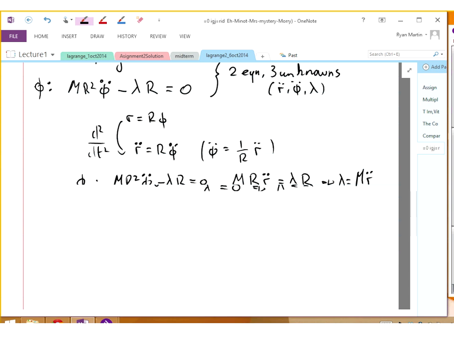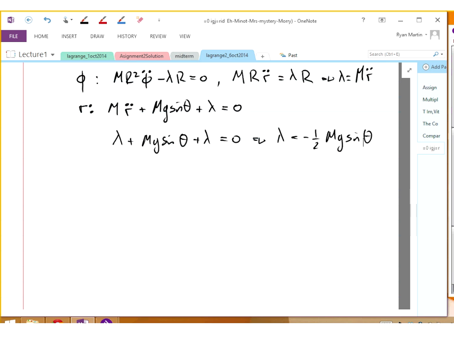So now I can rewrite our equations of motion, now that I know what lambda is equal to, and remove lambda from the equations of motion, which is ultimately what one would want to do to describe the system, right? So if I write the r equation again, then I remove the lambda from the system.